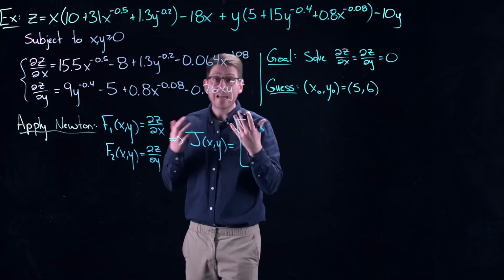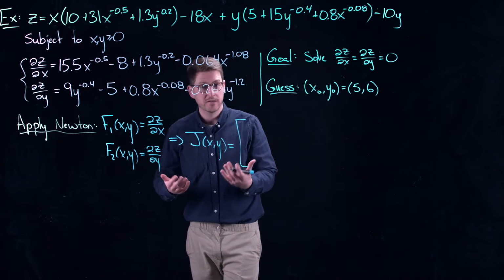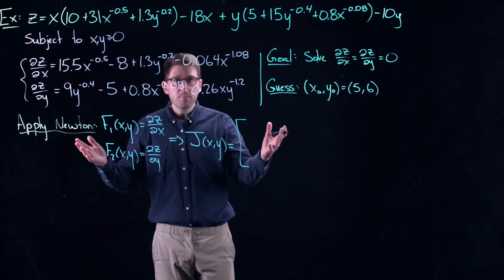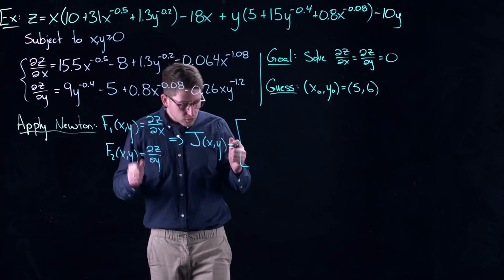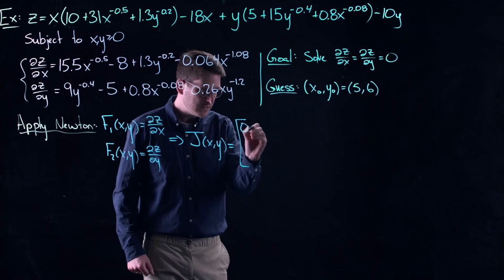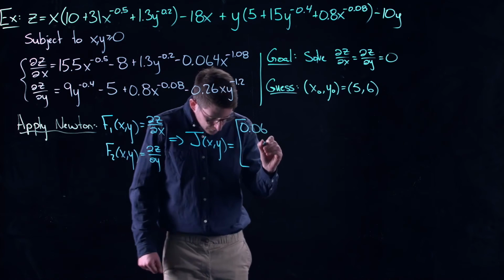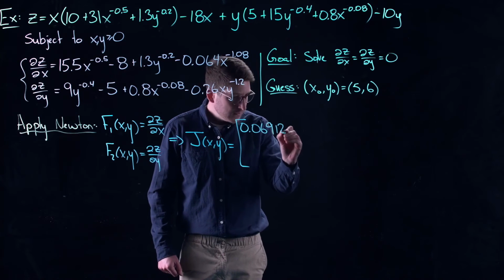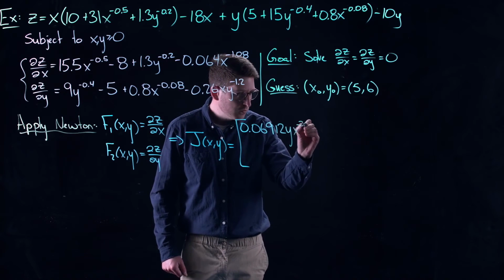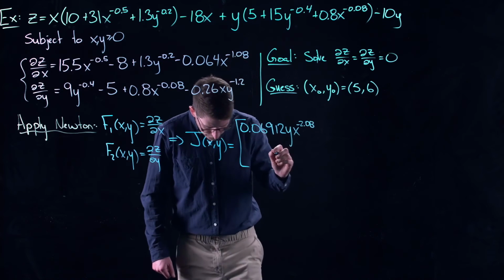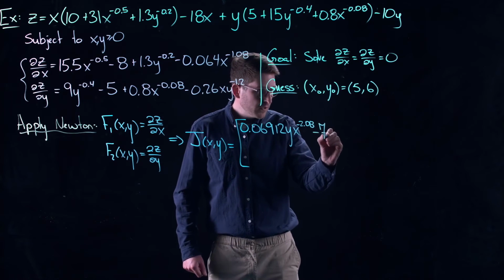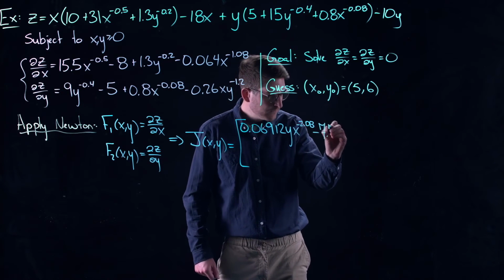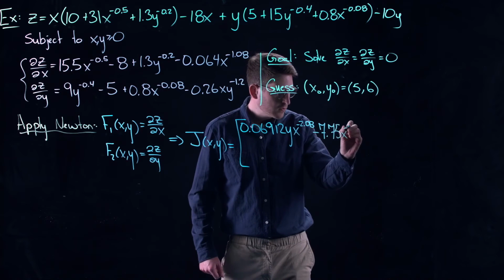So it's going to be a second derivative computation technically. So again, bit of a pain, but you can do it, right? It's just derivatives. So in this case, 0.06912 y times x to the minus 2.08 minus 7.75 x to the minus 1.5.